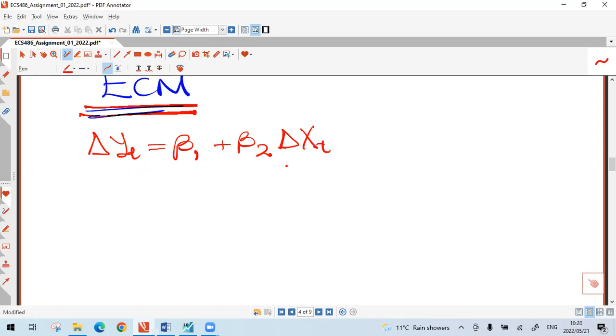This is also a short run component. Now let's bring in the long run component. We know that our long run equation was something like this: YT is equal to beta 1 plus beta 2 X plus the error term, right?